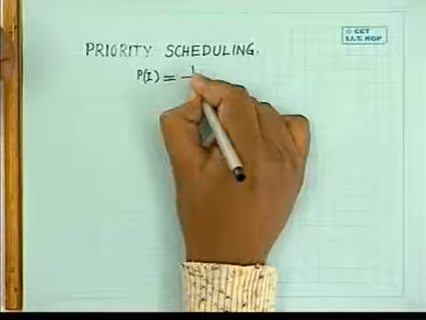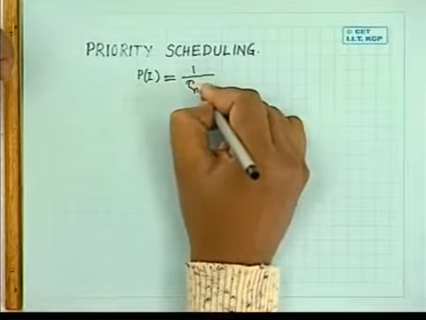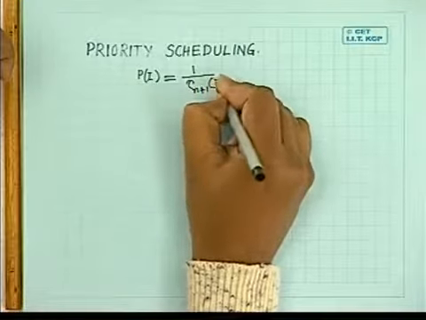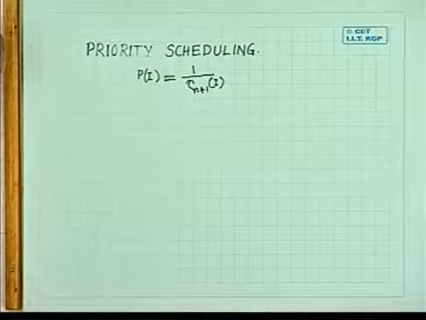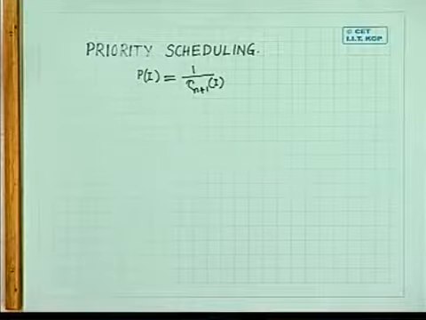Now, if you compare priority scheduling with shortest job first scheduling, you will find that SJF is nothing but a special case of priority scheduling, because there I can say that the priority of a job Pi, priority of ith job, is nothing but the reciprocal of tau n plus 1 i, where tau n plus 1 is the predicted next CPU burst duration.